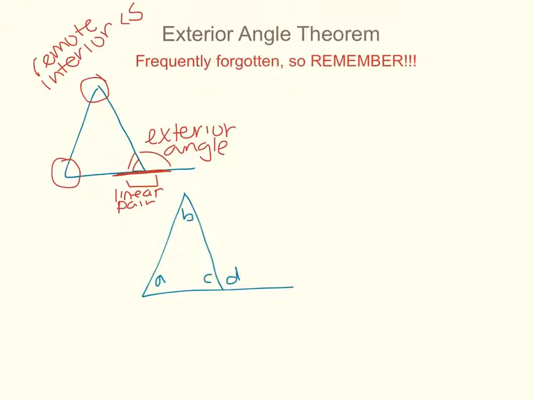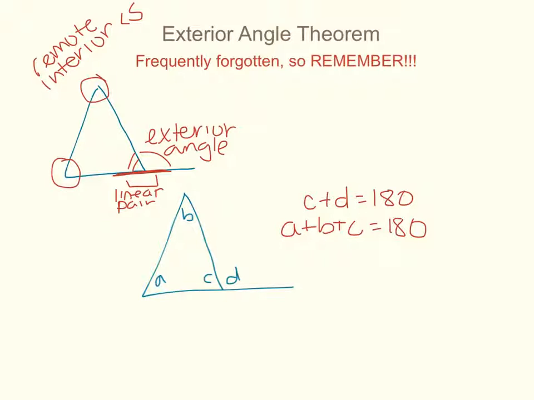Alrighty, so if we look at this triangle down at the bottom, we see that we have A, B, C, and D. Now I know that C plus D equals 180, and A plus B plus C equals 180. And we know that because C and D make up a linear pair, and A, B, and C make up a triangle.